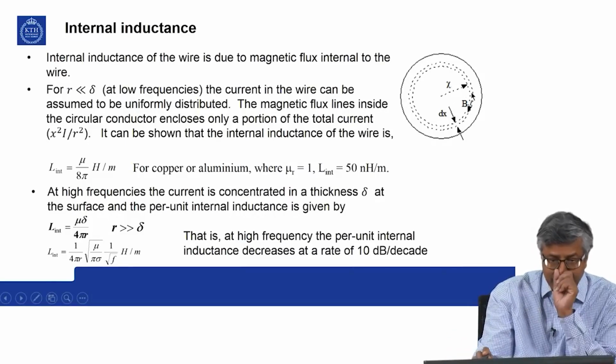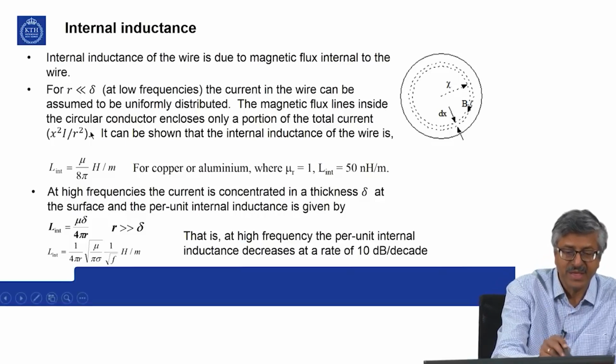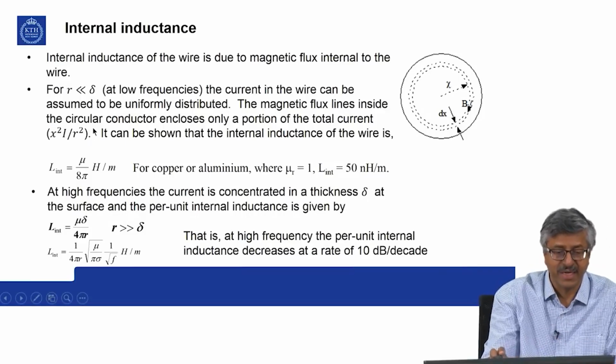So, you can take this ratio, and this is the portion of the magnetic flux inside linking with this current.